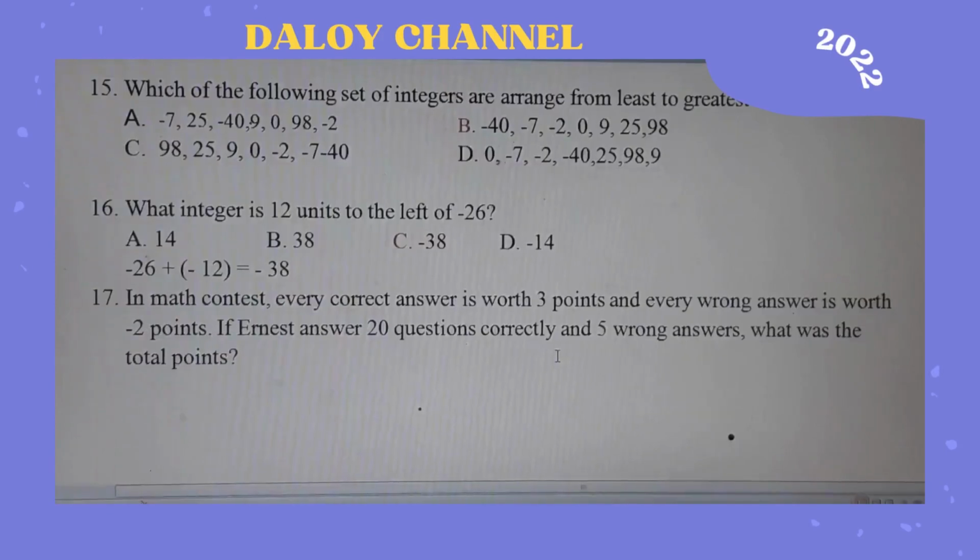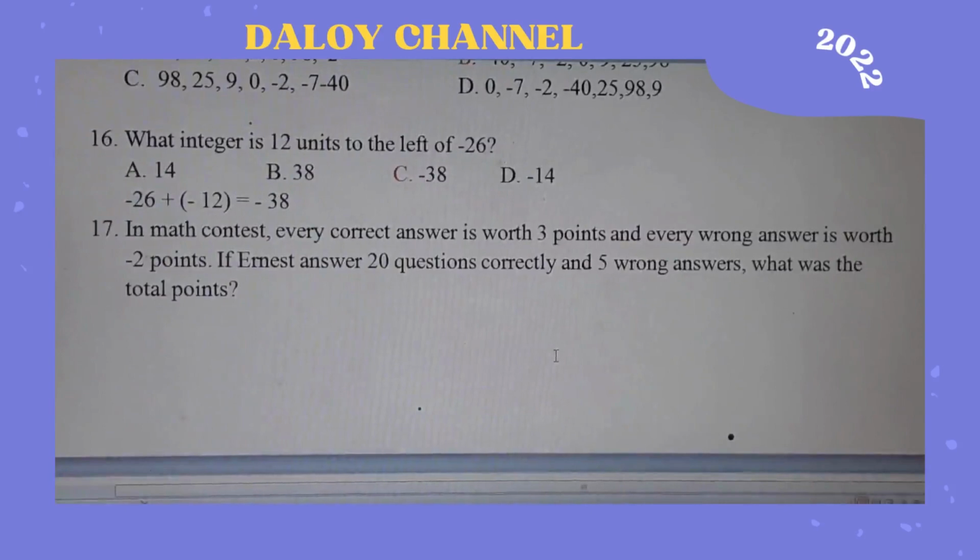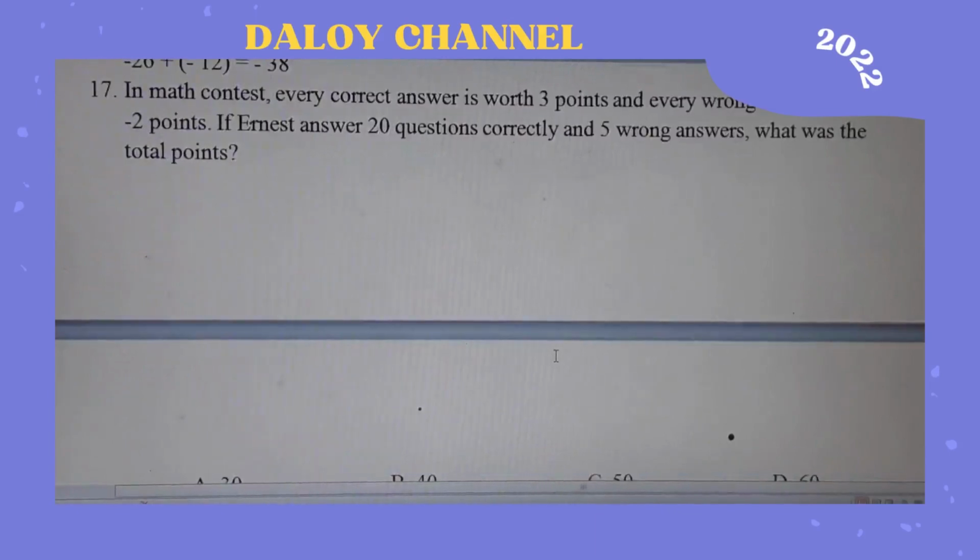Number 17. In a math contest, every correct answer is worth 3 points and every wrong answer is worth negative 2 points. If Ernest answered 20 questions correctly and 5 wrong, what was the total points?